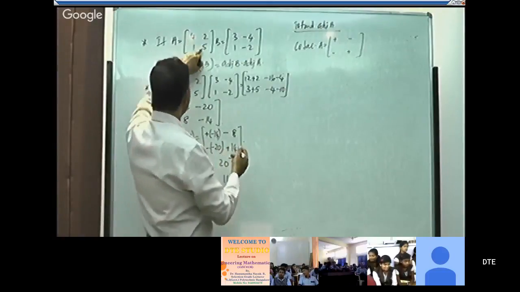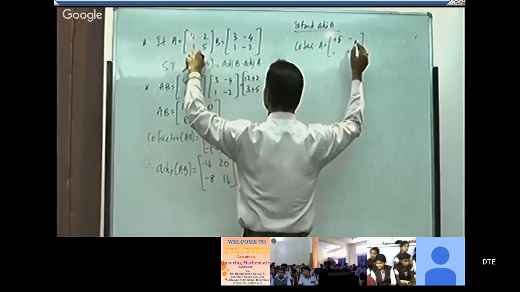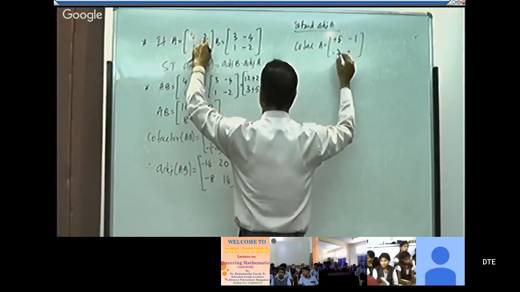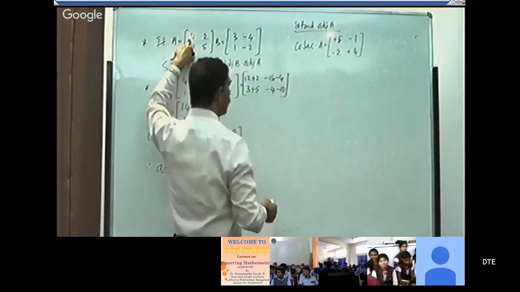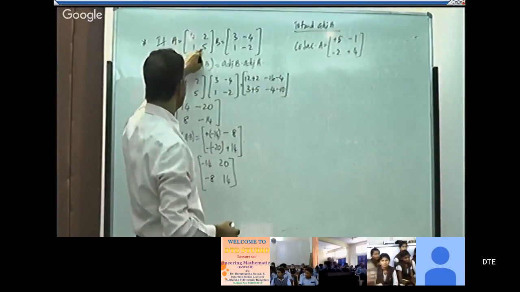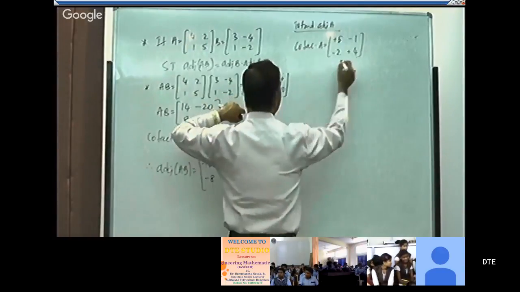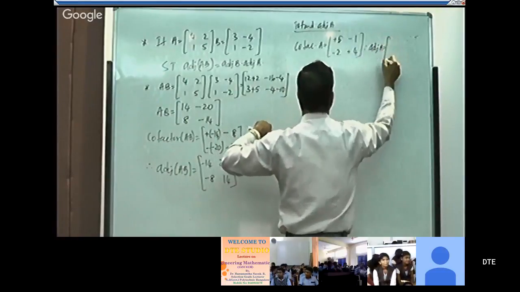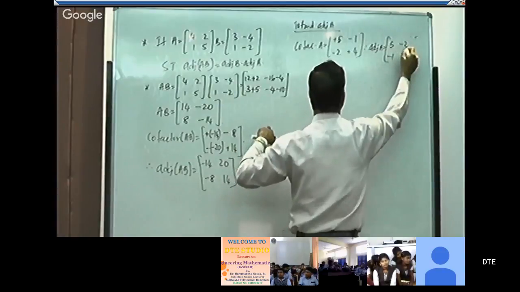Minor of 4 is 5. Minor of 2 is 1. Minor of 1 is 2. Minor of 5 is 4. Right? It is a determinant obtained by deleting the corresponding row and corresponding column. Therefore, adjoint A is equal to, make rows into columns, [5, -1; -2, 4].